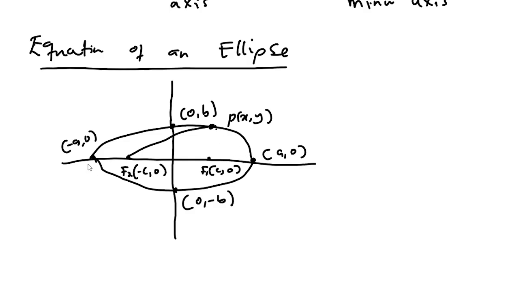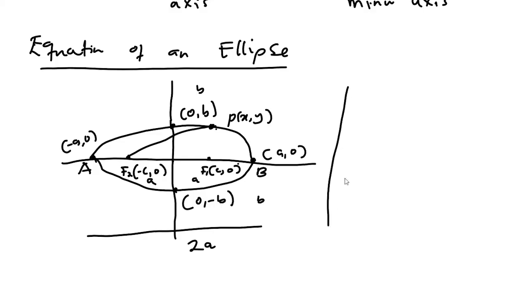Let's name this vertex A and this B. Now the distance from this point to this point is A, and this is also A, so the whole of that is 2A. This is also B, B, so the whole of this will be 2B.